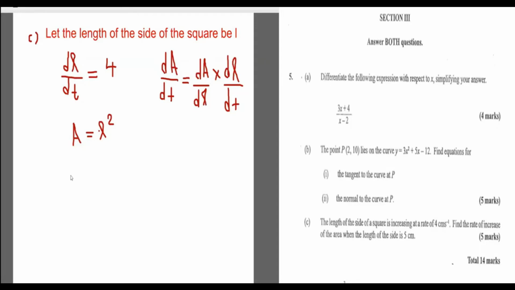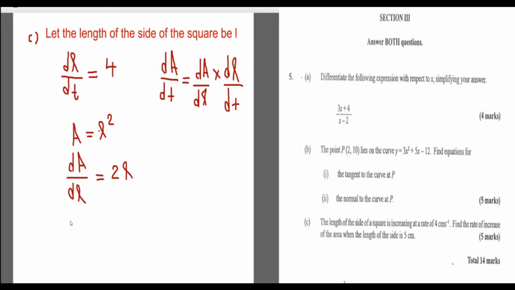Now A is equal to L squared. And so that means dA by dL, when you differentiate L squared, you get 2L. Nice.